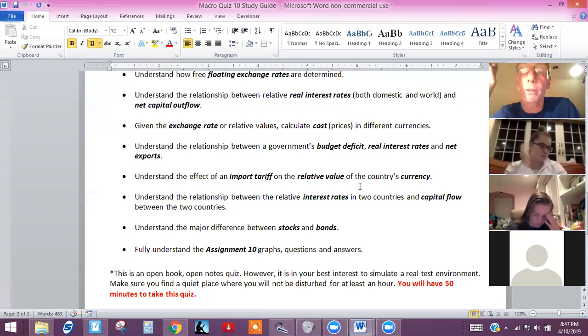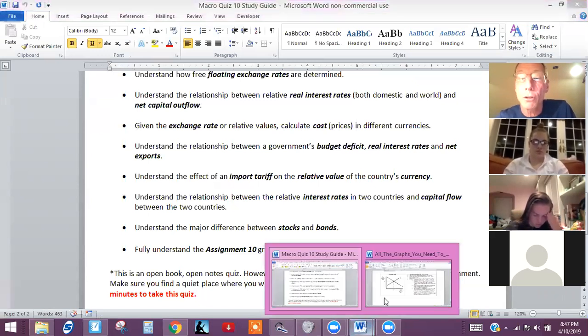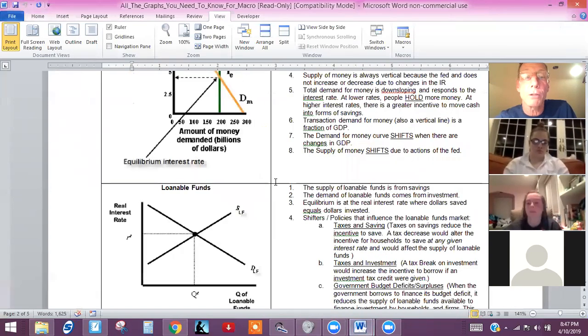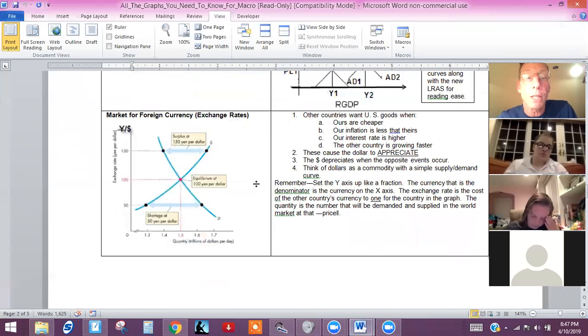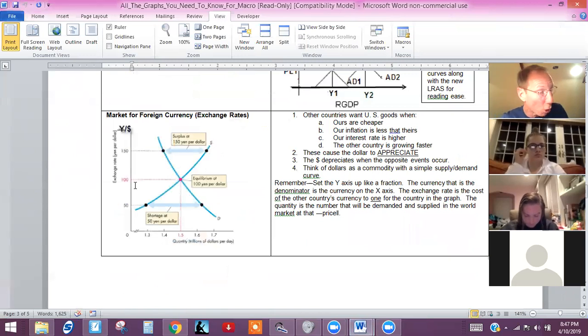So fewer dollars are being supplied in the foreign exchange market, which means the supply curve shifts to the left. If we jump back down here, if this supply curve shifts to the left, it means the relative value of our currency goes up.